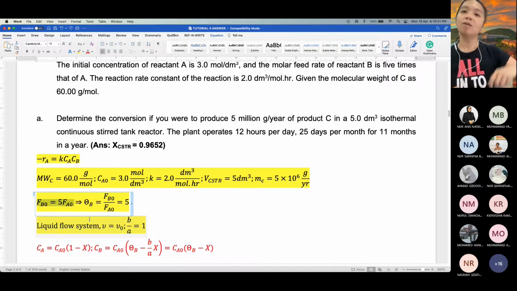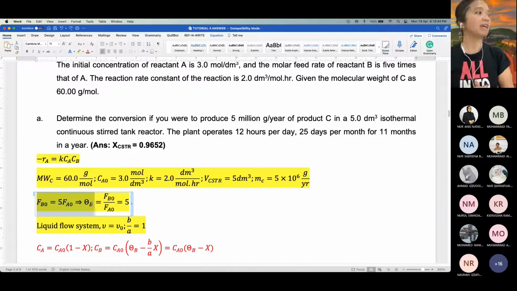In simple terms, the initial molar flow rate of B is 5 times the initial molar flow rate of A. That's why FB0 equals 5 FA0. From this information, you can find theta B, because theta B equals the initial molar flow rate of B over the initial molar flow rate of A. So you will do FB0 per FA0.